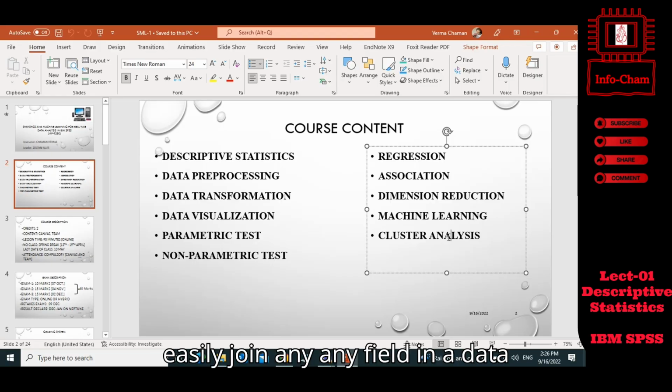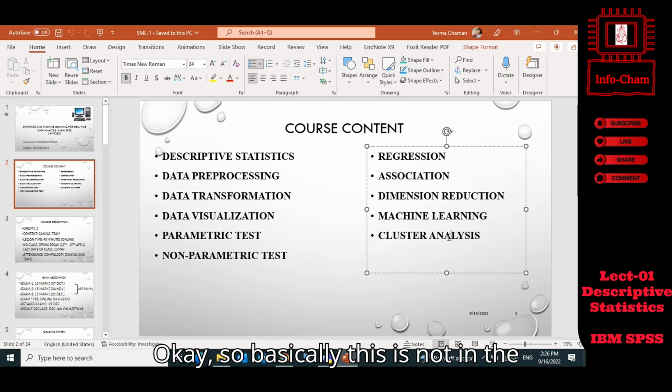You can easily join any field in data science. These skills are basically for a data analyst, or maybe a data engineer. After that, if you understand the algorithms, you can go further, which means you can also write your own algorithm.